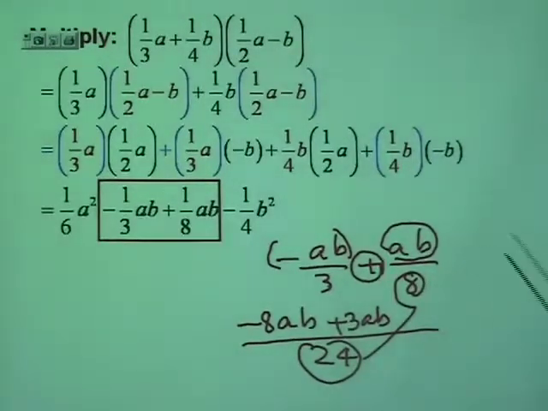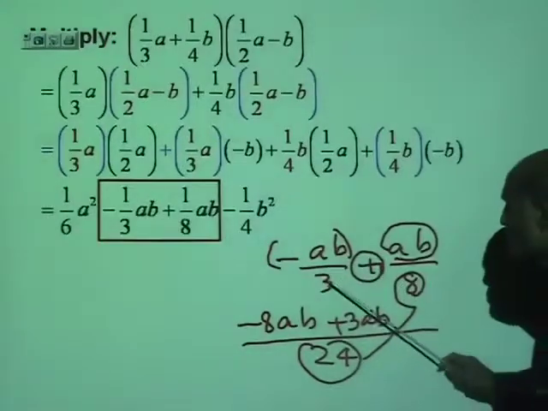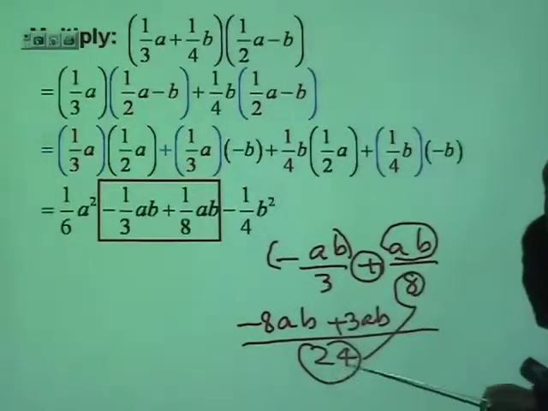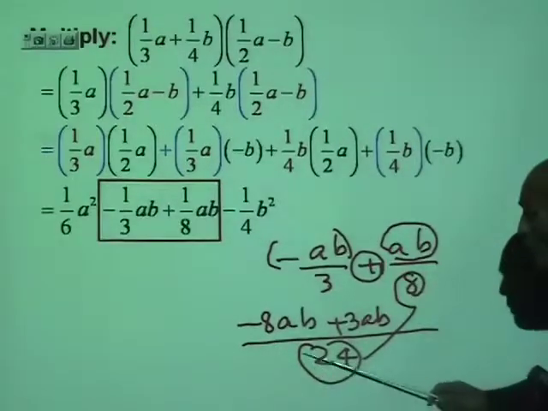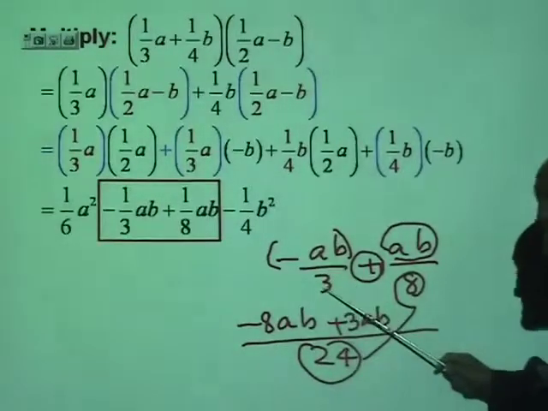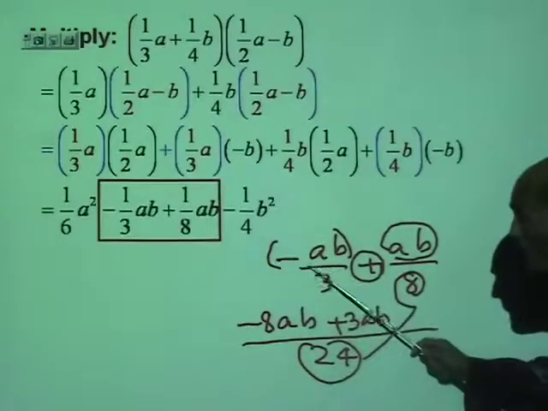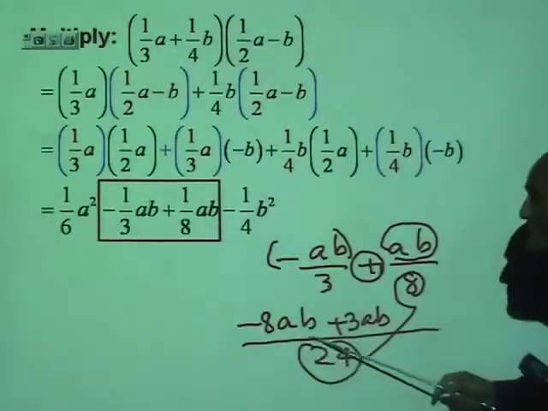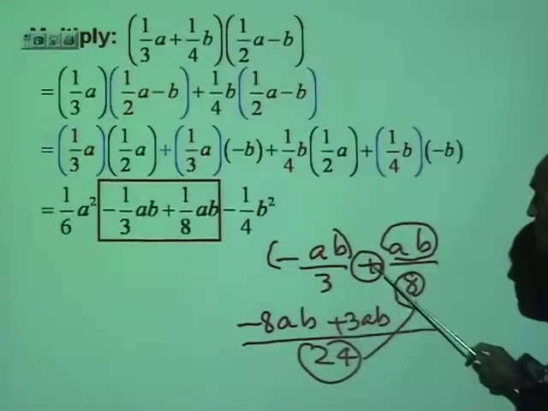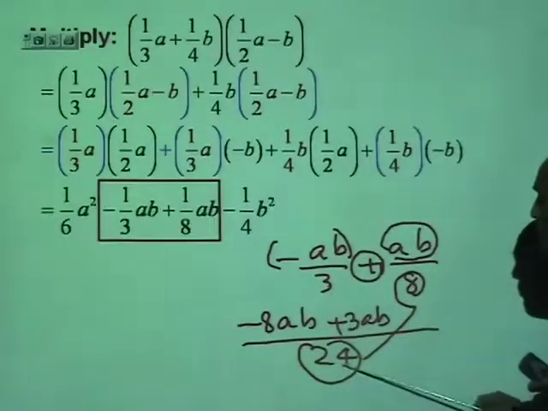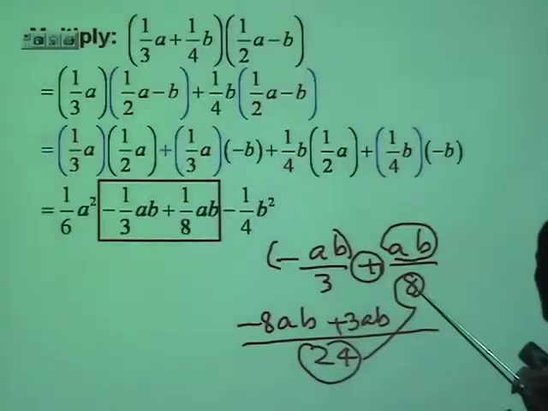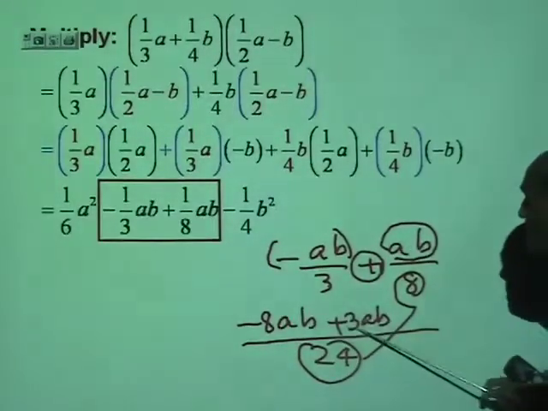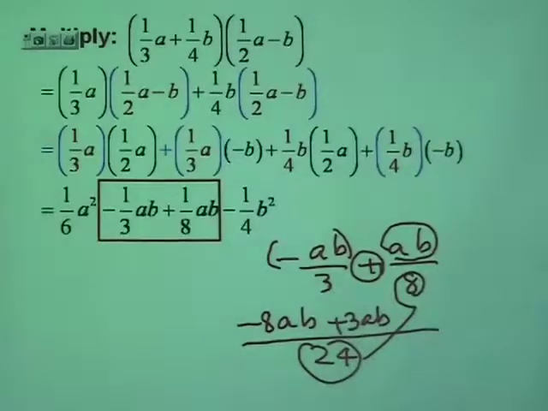Now look at the way I added that. Once again, the common denominator of 3 and 8 is 24. 24 divided by 3 is 8. Multiply 8 with that negative AB, I get negative 8AB, plus 24 divided by 8 is 3, and multiply that 3 with the AB, I get plus 3AB.